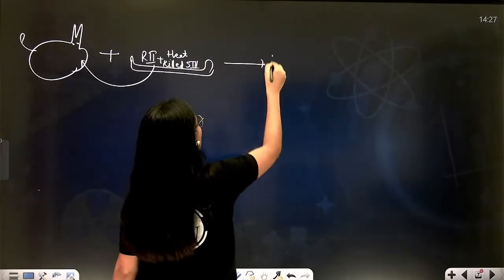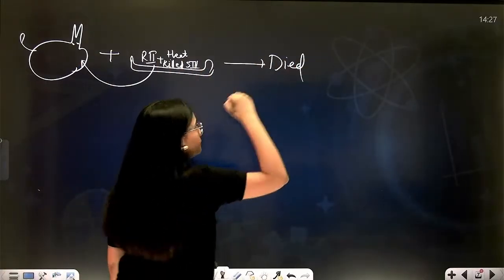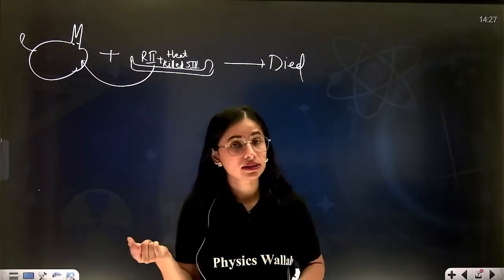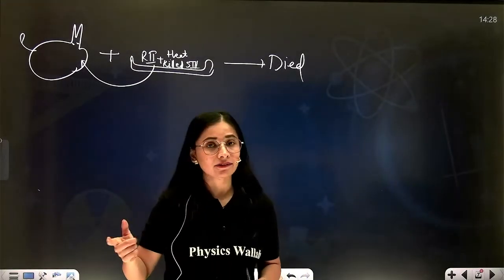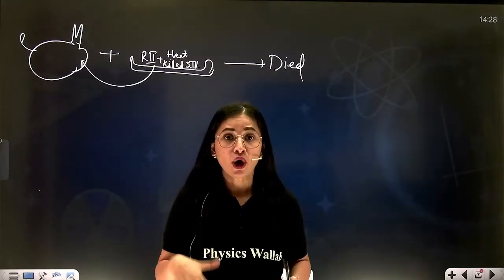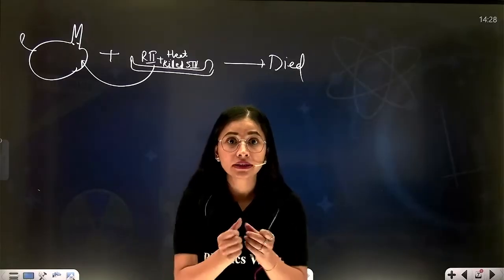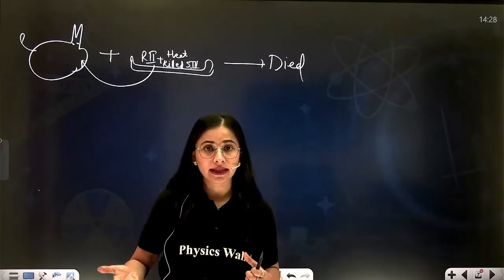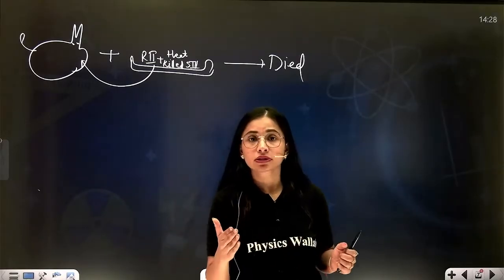To his surprise, the mice died. Now see, when R2 was given alone, the mice was alive. When heat killed S3 was given to the mice, still the mice was alive. So what happened when both the bacterial strains were brought together, cultured together, and the culture injection was given to the mice?